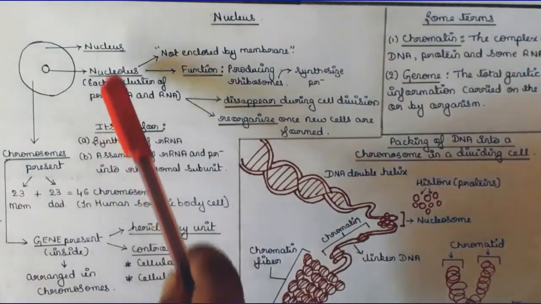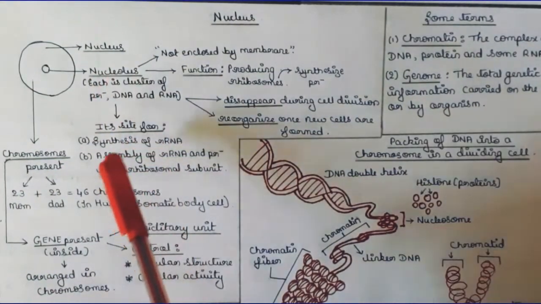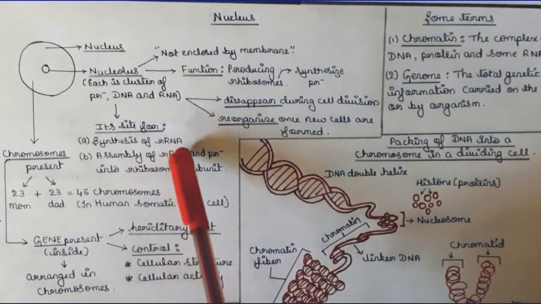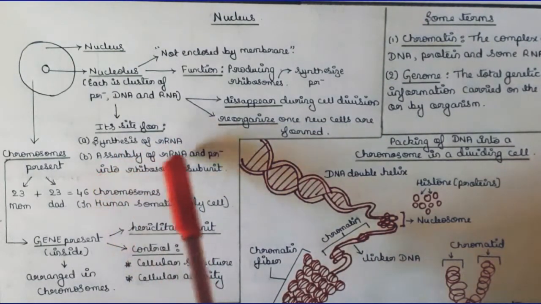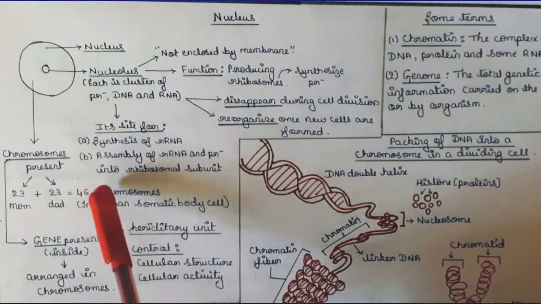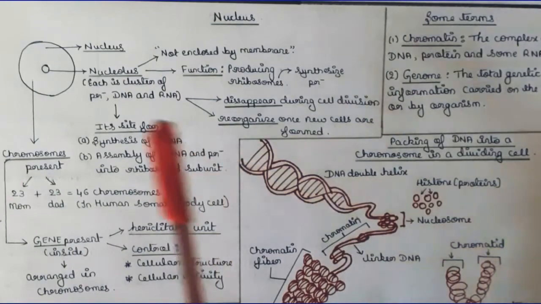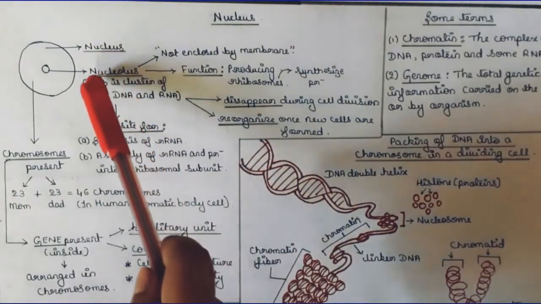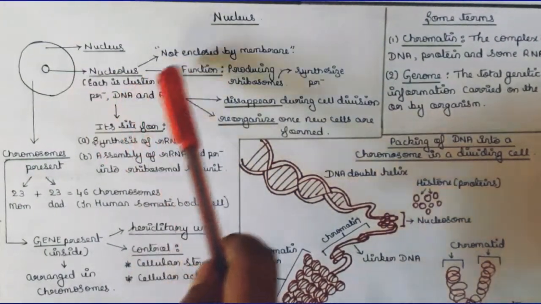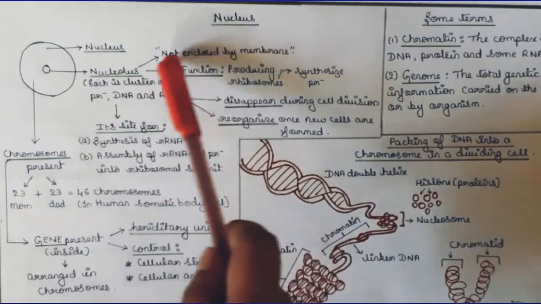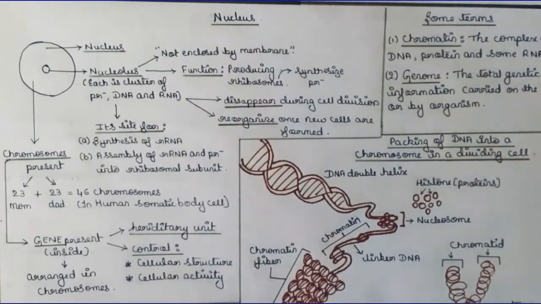You should know that the nucleolus is a site for the synthesis of RNA, and whatever RNA is synthesized will be assembled with protein to form the ribosomal subunits. Hence, you should know that the nucleolus does not have any membrane enclosing it, okay.